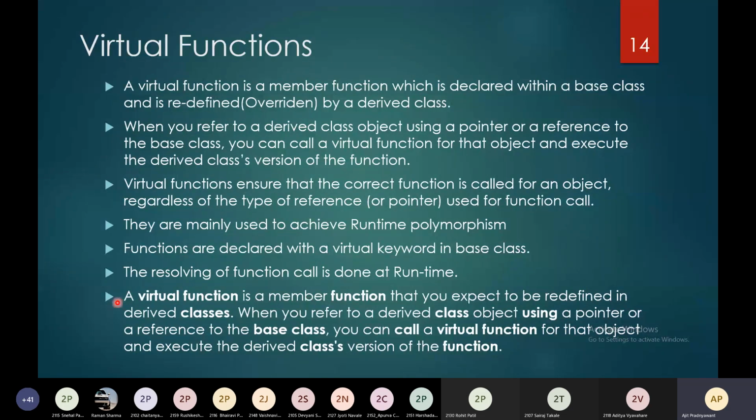What is the meaning of this statement? A virtual function is a member function. Keep in mind, it's a member function. You need to make it virtual, and we are going to learn how to do that. We expect it to be redefined in the derived class, so the same function will be redefined in the derived class.